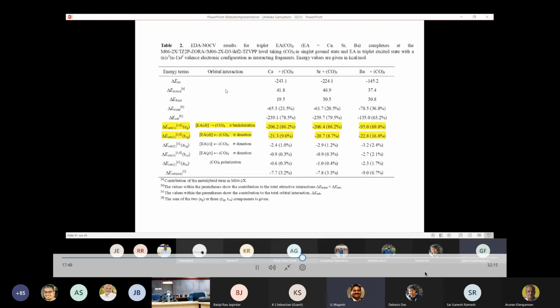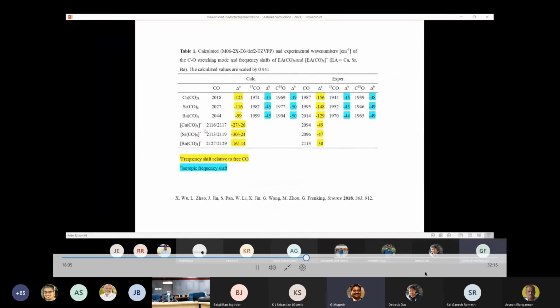This was really a sensation. We ran the EDA-NOCV calculation. We got again that calcium, strontium, and barium bind via d orbitals. This was unheard of. For both the neutrals and the cations, we did experiments, and we did the calculation for the anions.